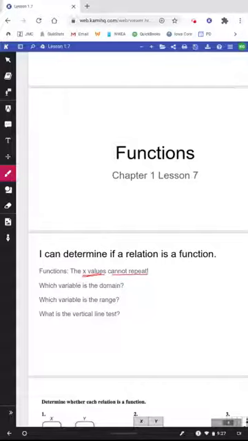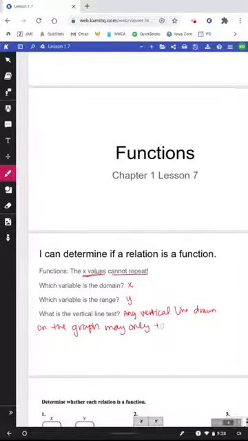Then for a reminder, which variable is the domain? It's the x's, and which variable is the range? Is the y's. Something new here we have is the vertical line test. And the vertical line test is any vertical line drawn on the graph may only touch the line in one place.